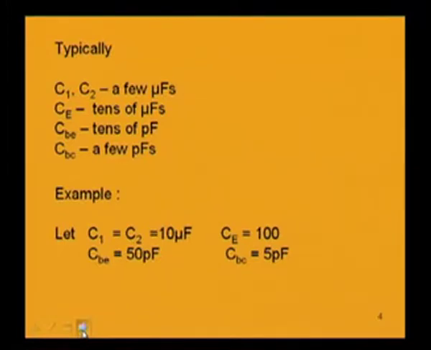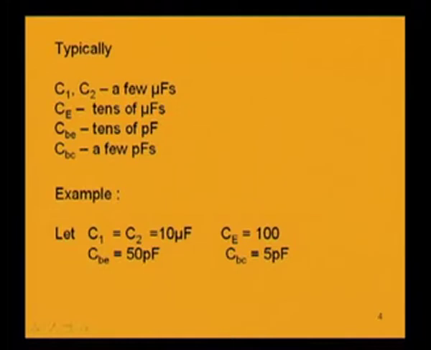The transistor capacitances CBE and CBC are in the order of picofarads: CBE is typically tens of picofarads and CBC is typically a few picofarads.